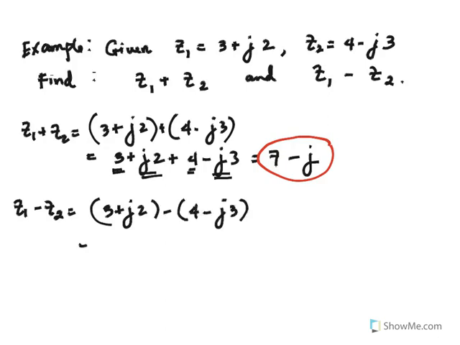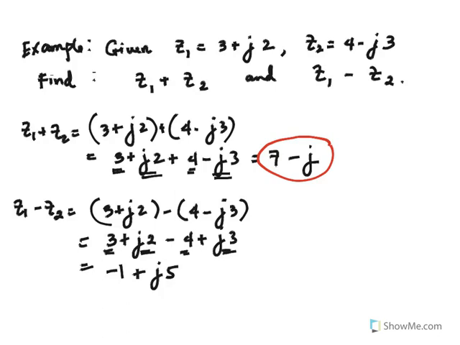What we can do here is remove again the grouping symbols, but this time, dahil minus yung symbol natin sa gitna, we distribute. So this is 3 plus j2 minus 4 plus j3, and then combine the real parts. 3 minus 4, that's negative 1, and then j2 plus j3 is positive j5. So that is your difference.